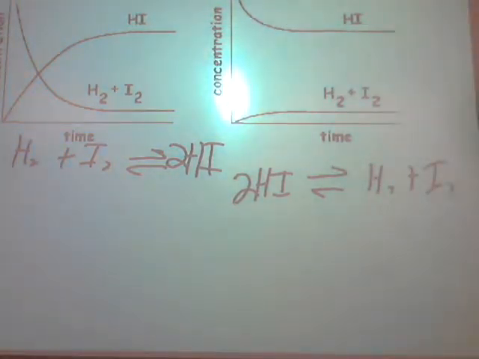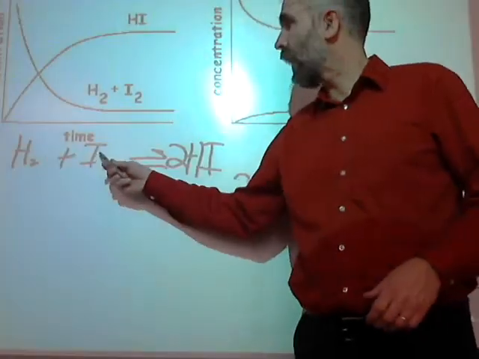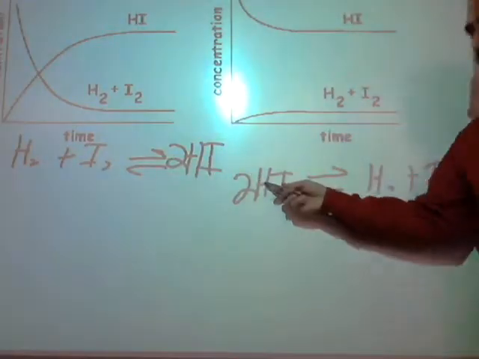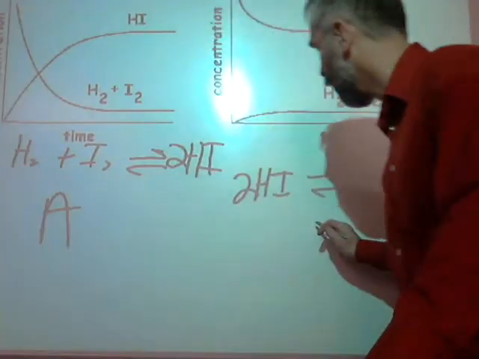So let me ask you this. Which reaction is faster? H2 getting together and making I2, or HI breaking up into here? Which reaction must be faster because it went most of the way? Let's just call it A and B. A or B?